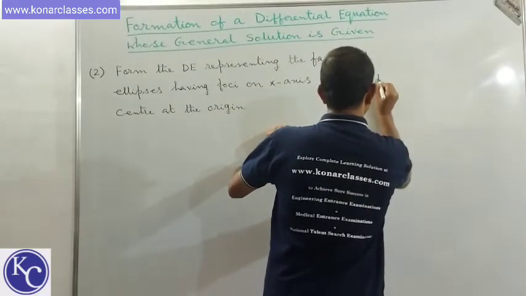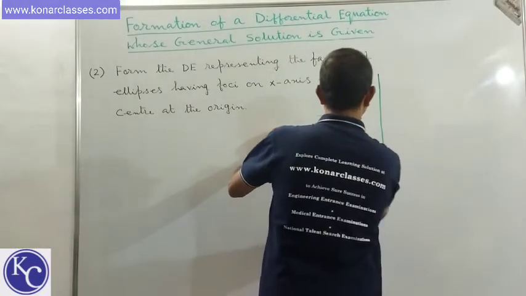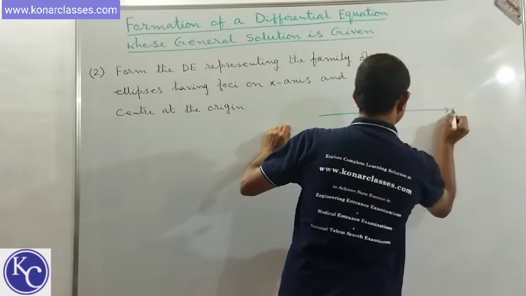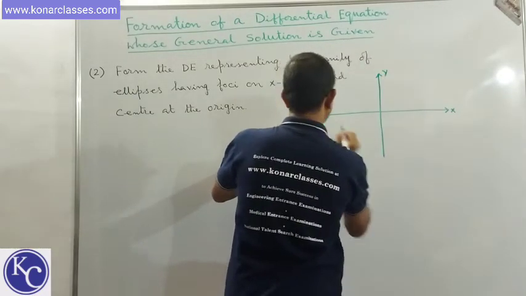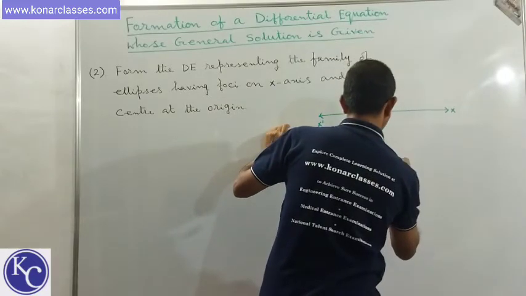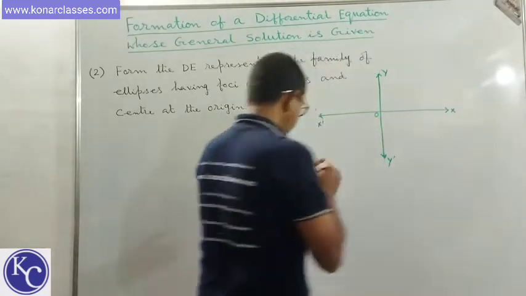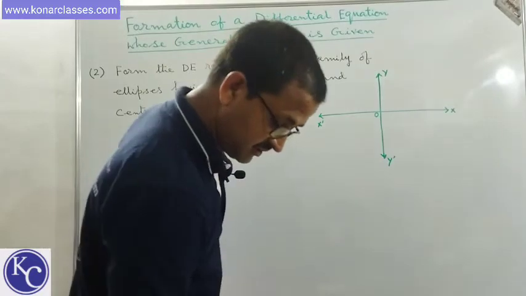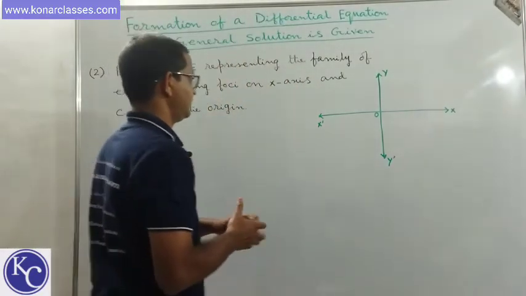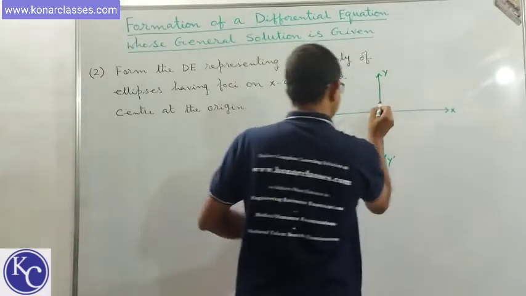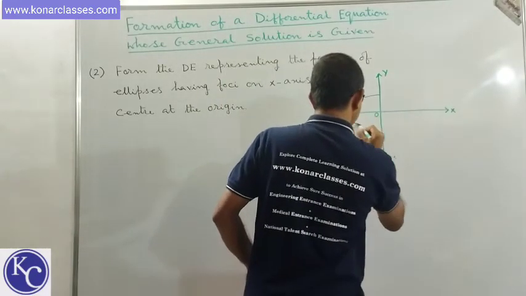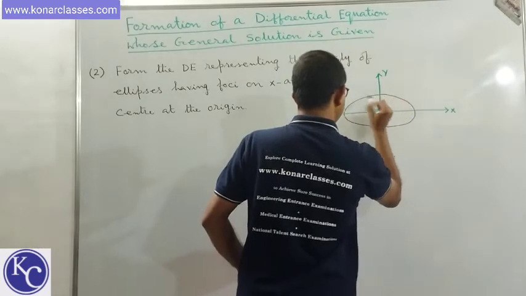So if we draw the coordinate axes first, it is given that the foci are on the x-axis and the center of the ellipse is at the origin. So the ellipse will look something like this. That is one ellipse.